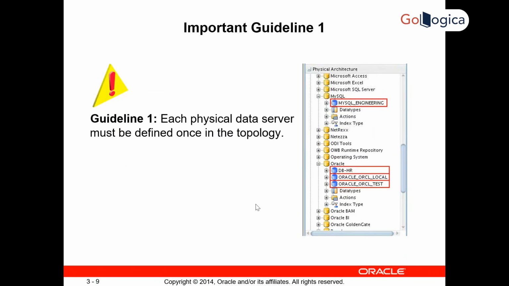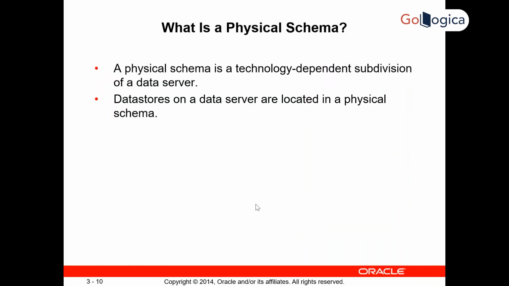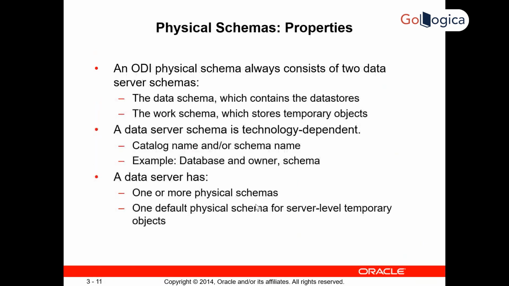We need to define the data servers in the topology navigator, under the technology. Under the data servers, we have the physical schema, the schema which you require to access. In the physical schema, we have two schemas: the data schema and the work schema.